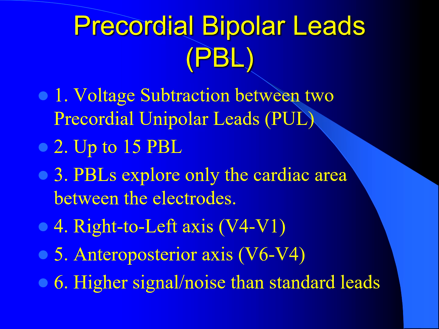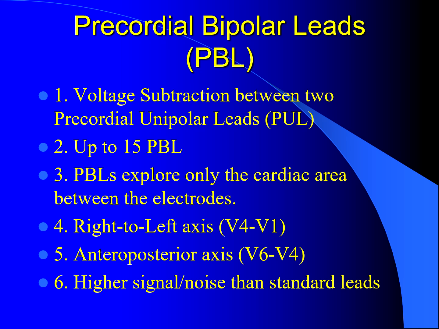So, the creation of the PBL B2-B1 is the existence of an electrical vector right to left, perpendicular to the vector formed between the central terminal of Wilson and the PUL B1 and B2, posterior anterior.